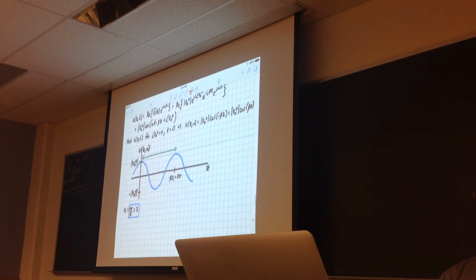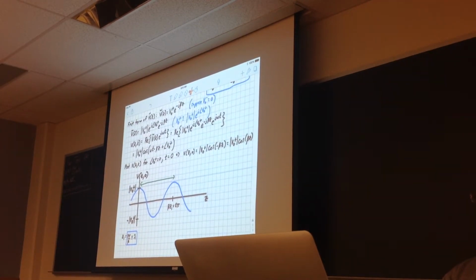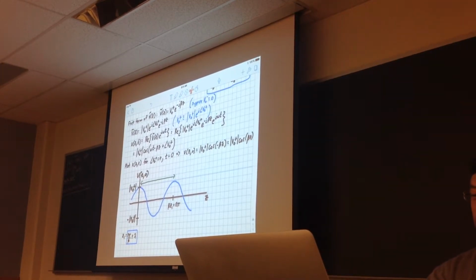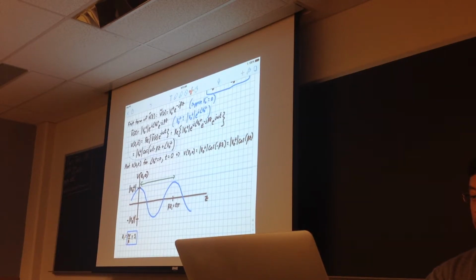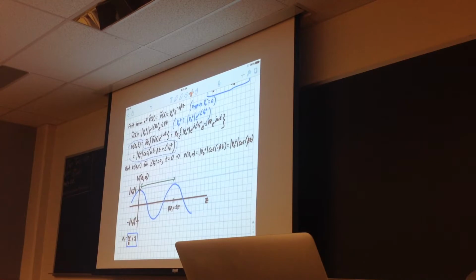What is this waveform doing as time becomes increasingly positive numbers? So if I look at this expression here, and I want to visualize what this blue waveform is doing as time incessantly marches forward, what is this wave doing?